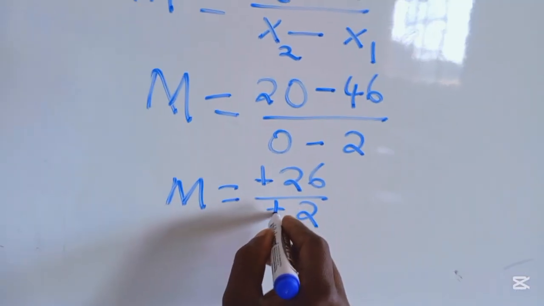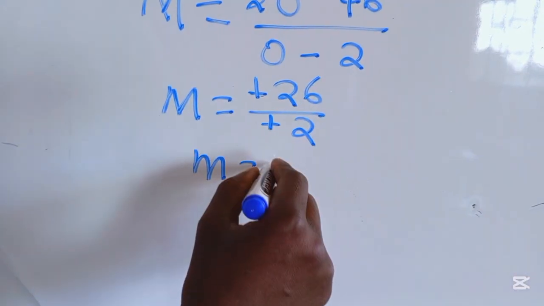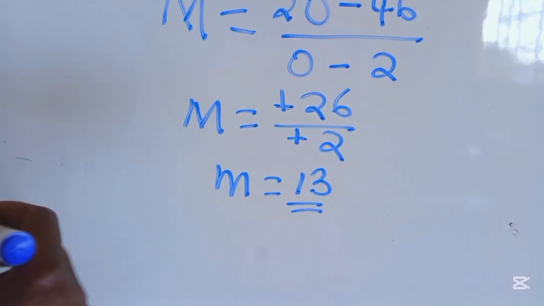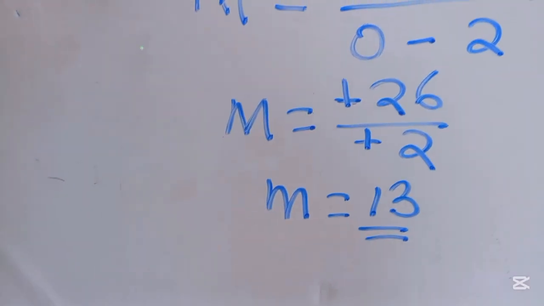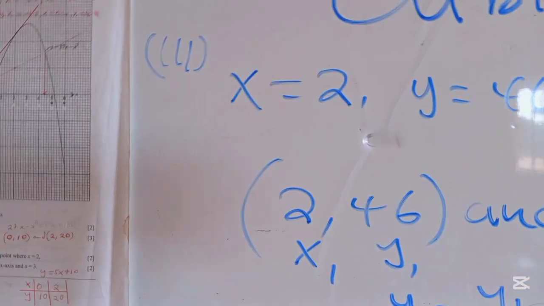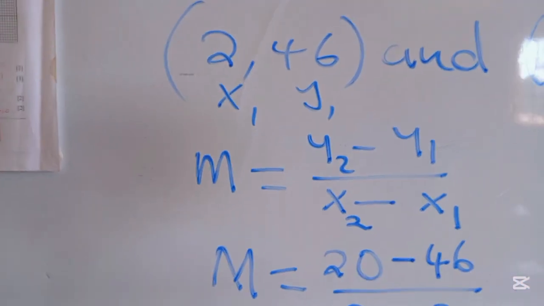Whereby negative and negative is positive, I will remain with the positive. Then when you do the correct way, you find your gradient is 13. So ladies and gentlemen, here I find my gradient 13. Mind you, we are doing part 3 of this question, which came in 2022.